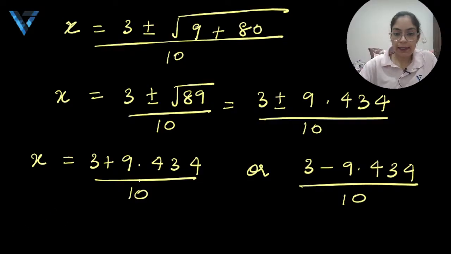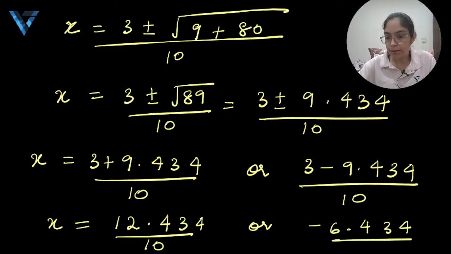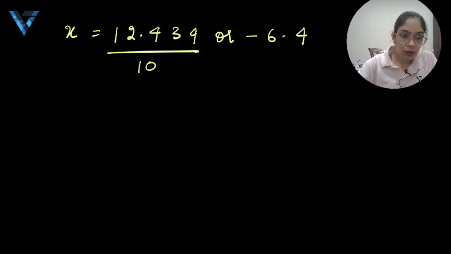So here what we will get: if we add, x is equal to 12.434 by 10, or if we subtract, minus 6.434 by 10. So we are getting x is equal to 12.434 by 10 or minus 6.434 by 10.